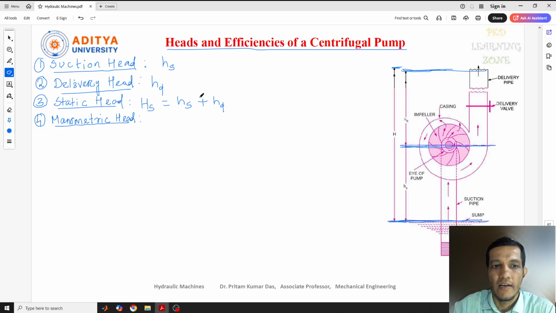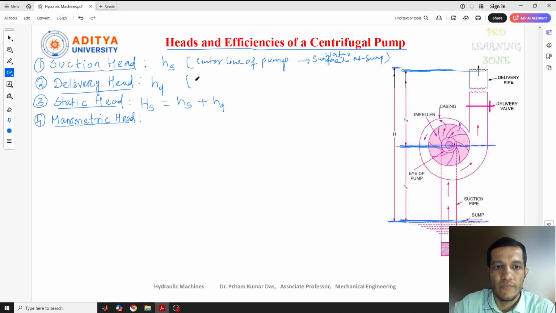Here directly we are showing that from the center point to here, that is suction head. If I write this, it is the center line of pump to the sump level or water surface at sump, this distance.